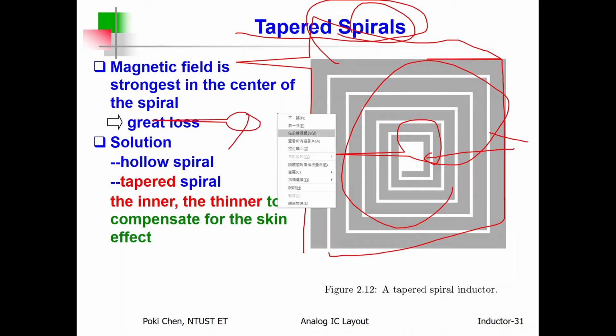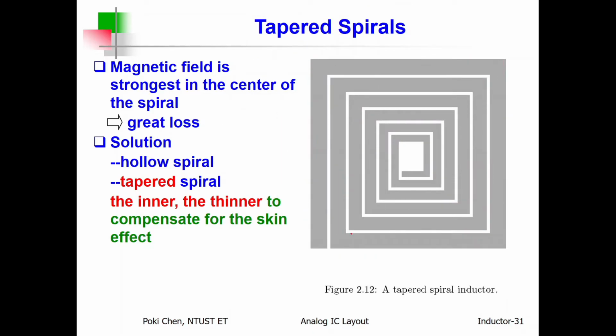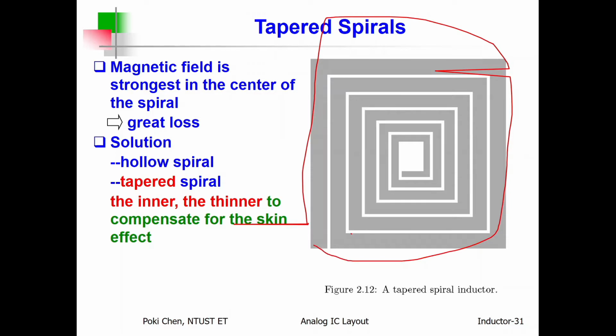Or, with the same area and the same inductance, then it means what? The turns of the inductor will be reduced, and then you will have a larger opening in the middle to let the flux penetrate into the substrate.